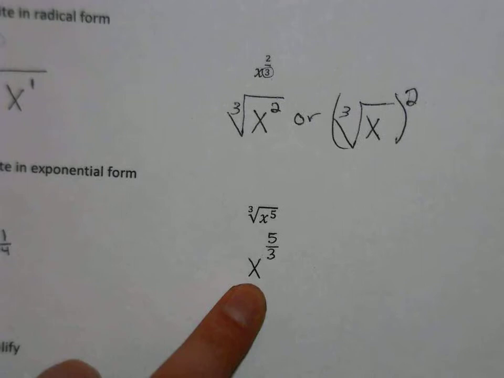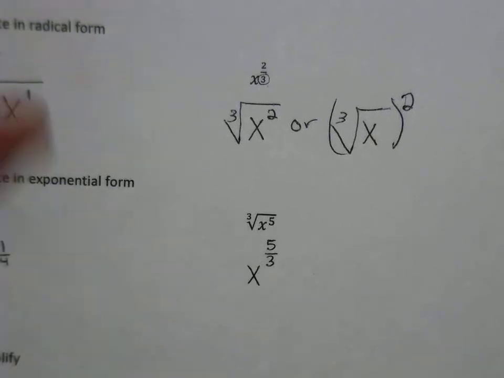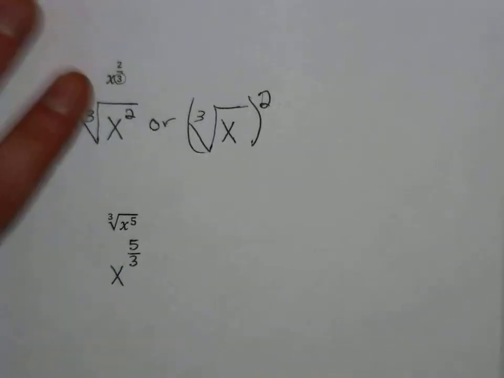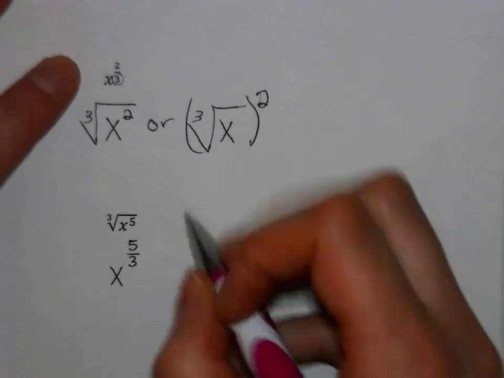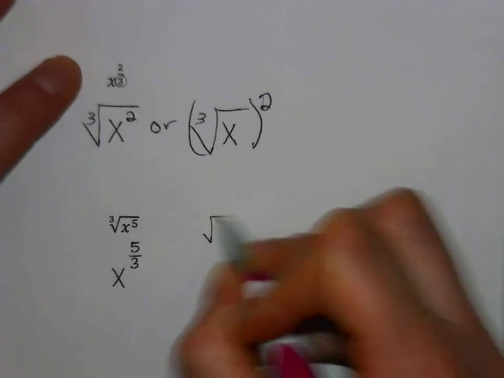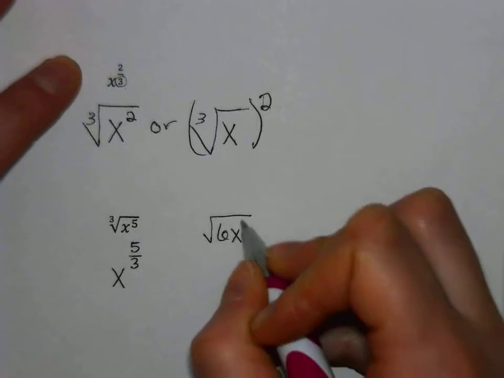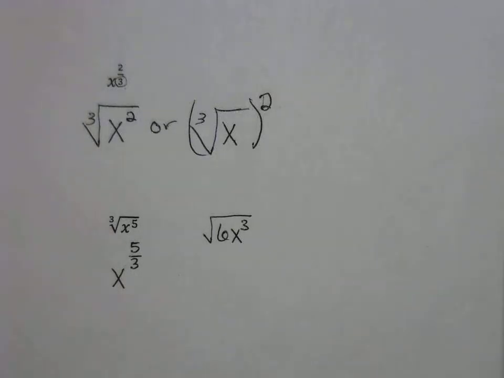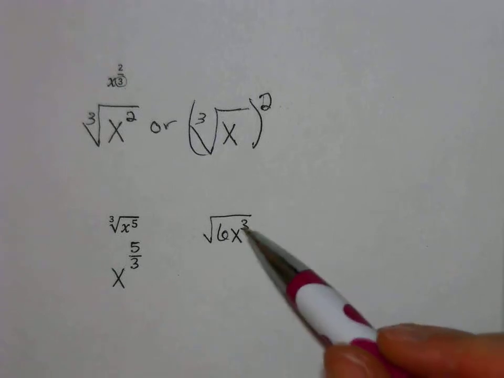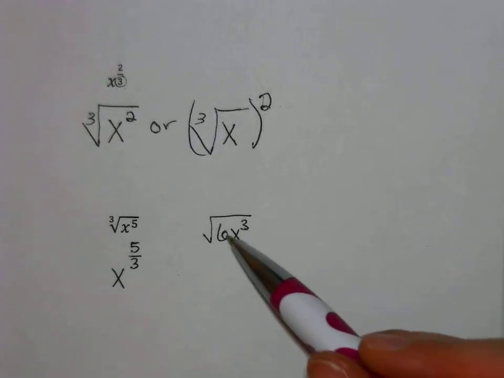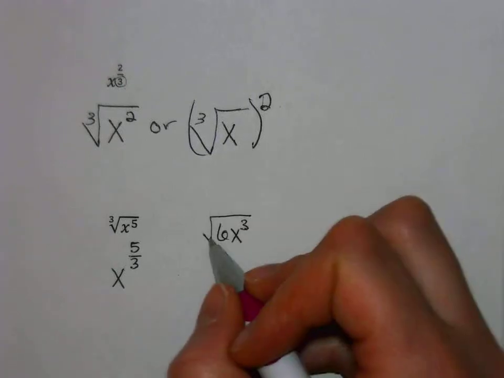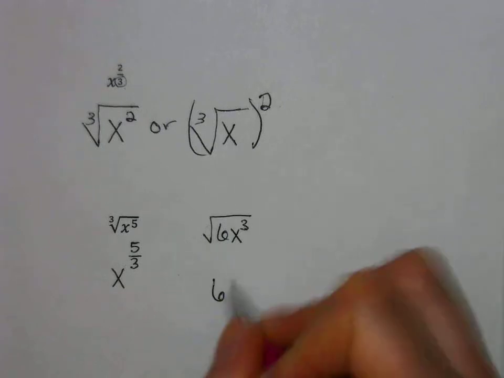I want you to add in a couple of examples. If we have the square root of 6x to the 3rd, how this works, this third power is only with the x, it's not with the 6. Our square root has an invisible 2, so that means we have 6, our root is 2, and there's that invisible 1 on top.